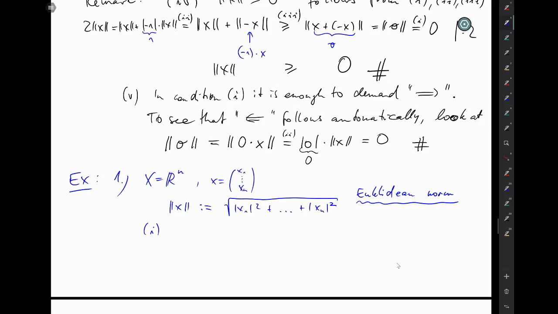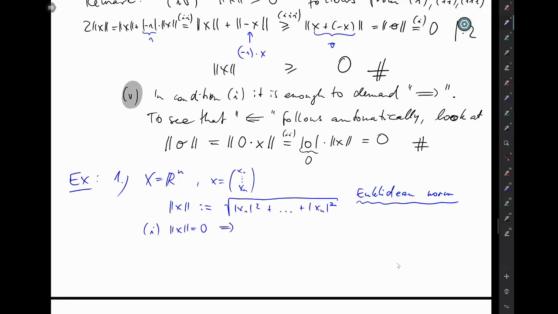So the first property: we have to check that this equals 0 if and only if your vector equals 0, and by what we just checked in our remark number 5, we don't even have to check the other direction, right? So we only have to check that norm equals 0 implies that it is the 0 element.